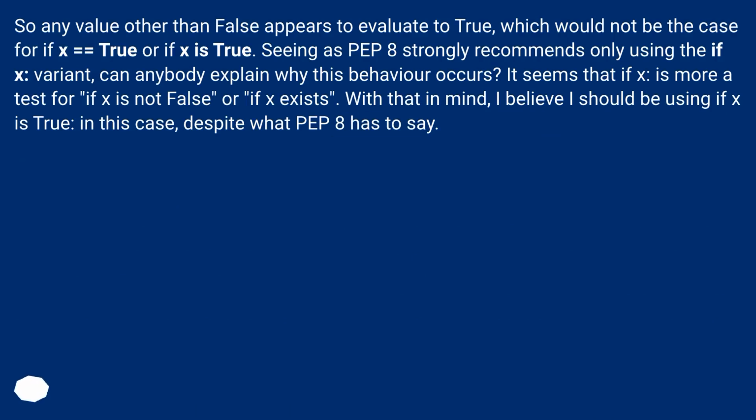Seeing as PEP 8 strongly recommends only using the if x variant, can anybody explain why this behavior occurs? It seems that if x is more a test for if x is not false or if x exists. With that in mind, I believe I should be using if x is true, in this case, despite what PEP 8 has to say.